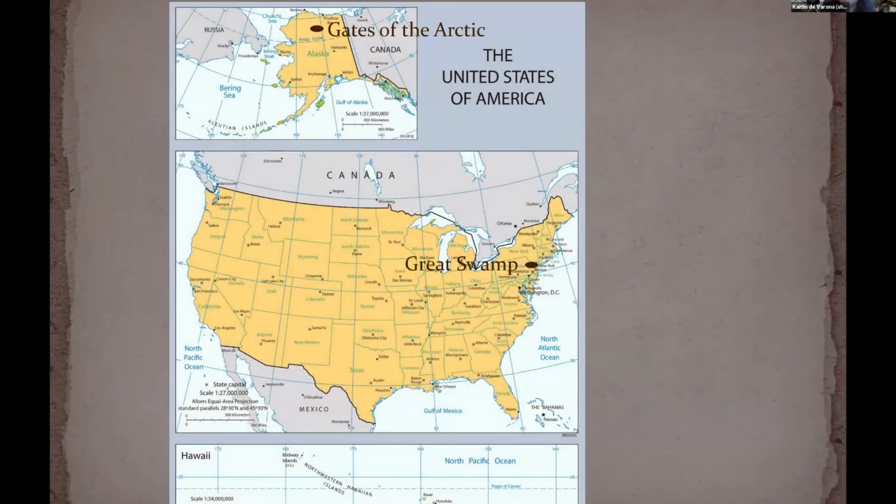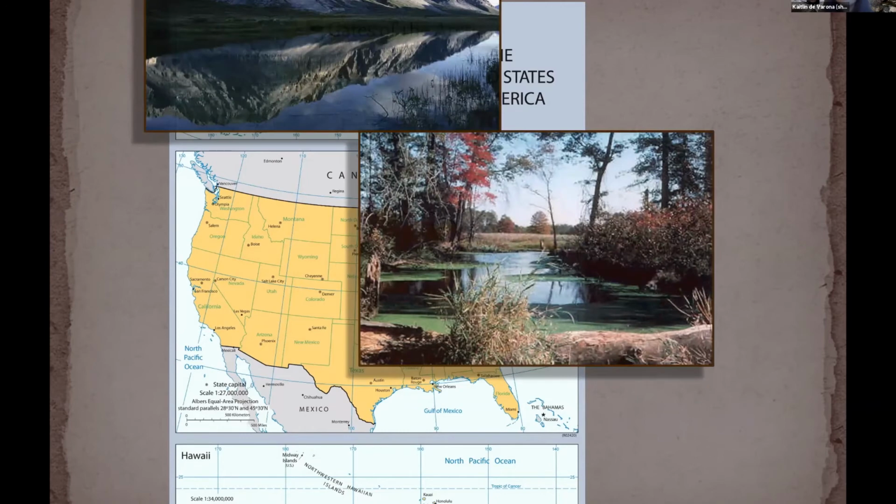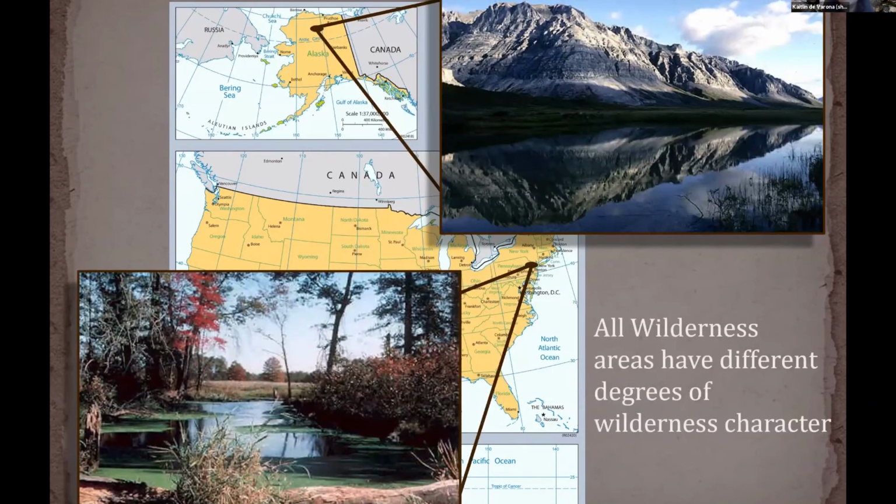A few examples here. One of the important things about wilderness character monitoring is that it is not comparing wildernesses. Some wildernesses are very different, and that's great. Wilderness character monitoring is comparing the degradation to itself over time.